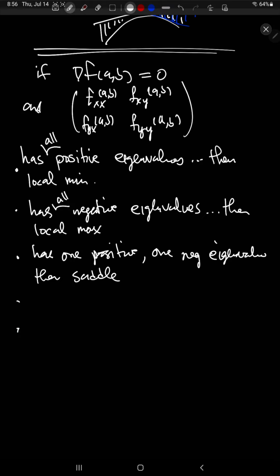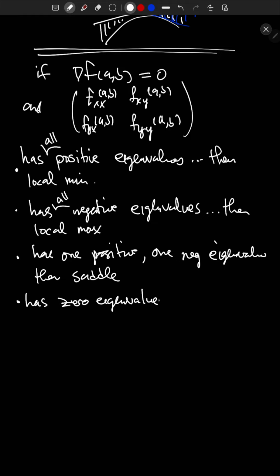And if it has at least one 0 eigenvalue, then we don't know. It could be any case. It could be a max, a min, or a saddle.